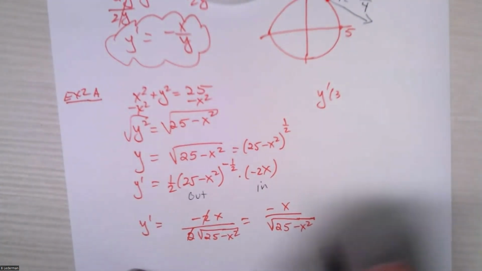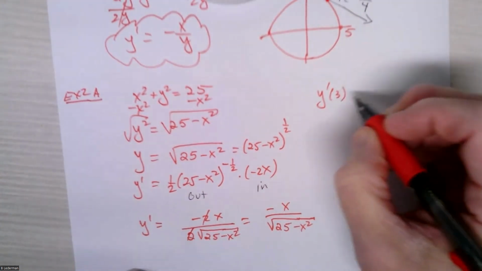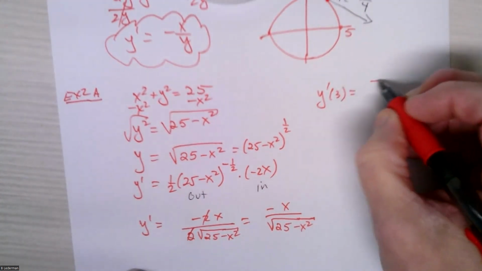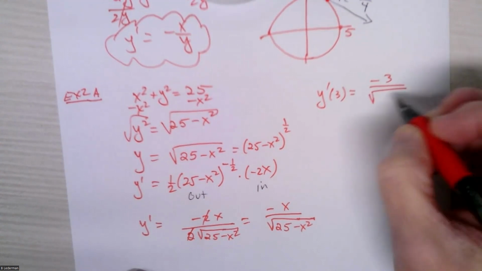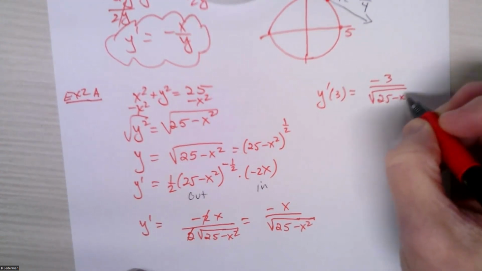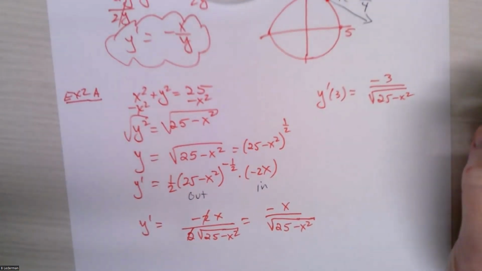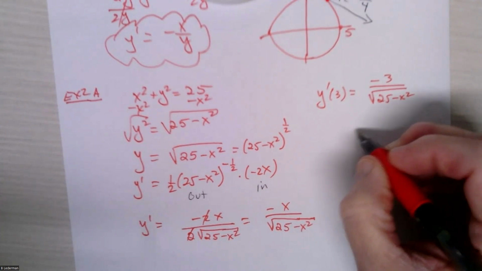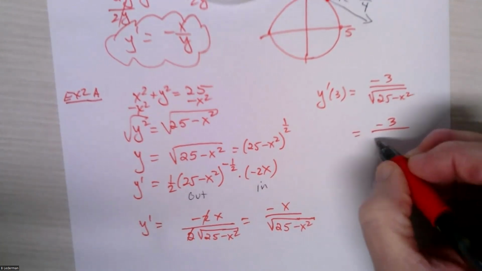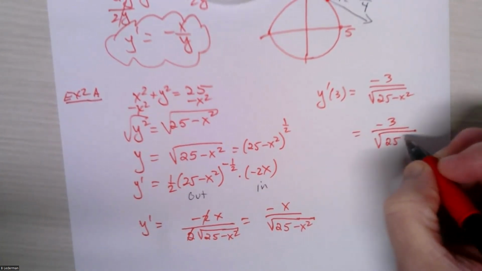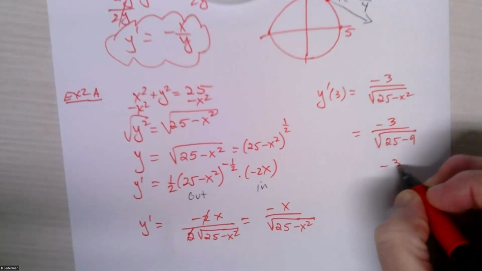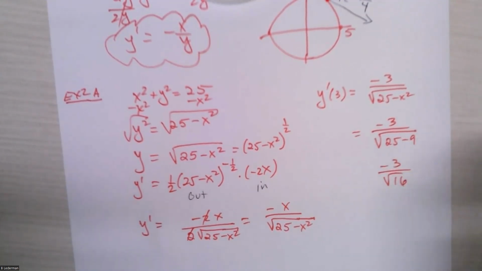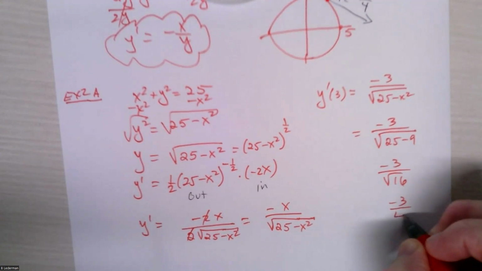There are no y's here, so let's say y prime of 3 is equal to negative 3 over the square root of 25 minus 9, which is negative 3 over the square root of 16, which is negative 3 over 4.